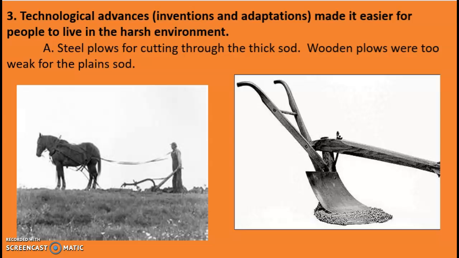John Deere was the first inventor of the steel plow because he noticed that other plows were too weak and they were bending and breaking too much. But the steel plow was able to cut through the thick sod or thick soil in the ground. And that made it easier for people to live because they're able to till the ground so they can plant new things.